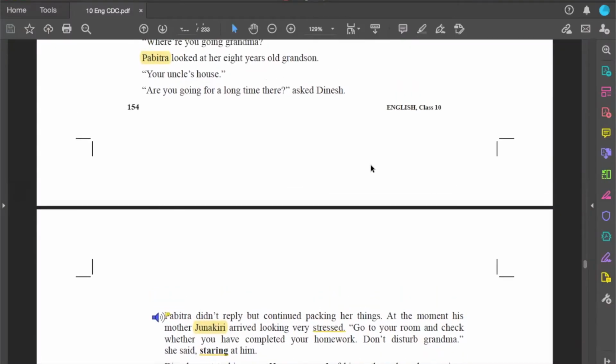So he was asking, "Where are you going?" "Your uncle's house," she replied. Up to here you have understood, and the words yelled and perplexed, you got the meaning.